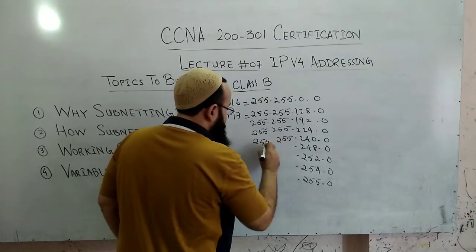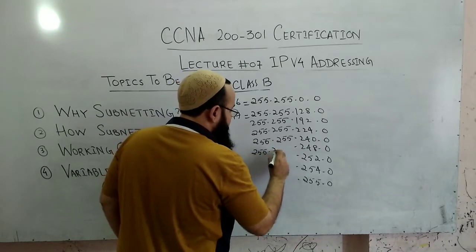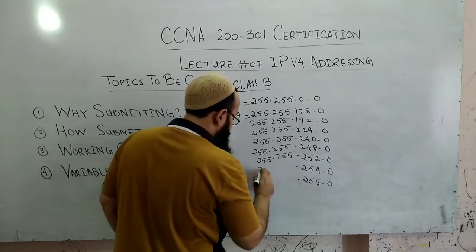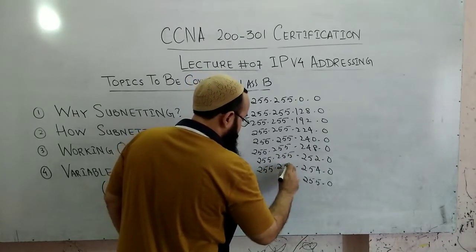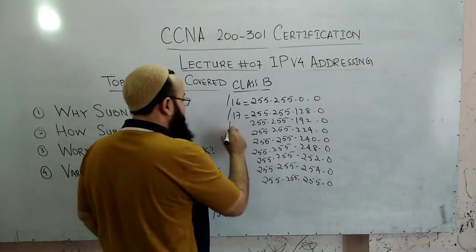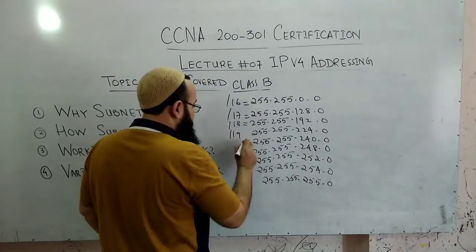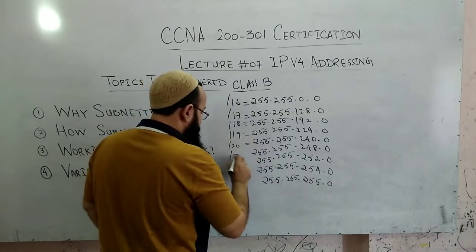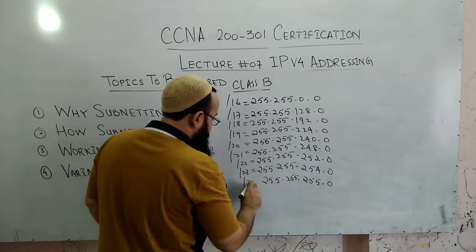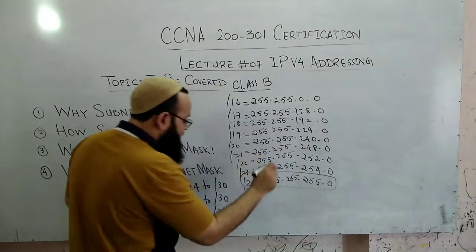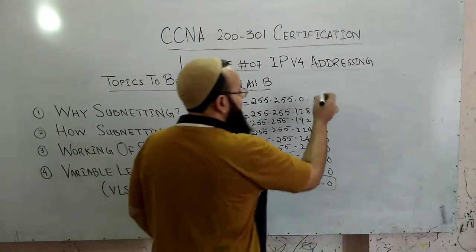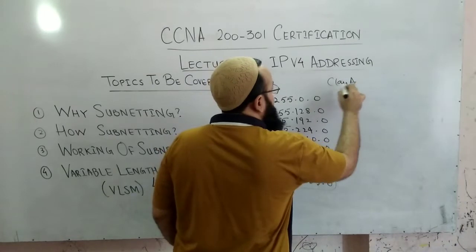This is /18, /19, /20, /21, /22, /23, and /24 comes back again to the class C starting point. So this is the setting, and class A starts from /8.